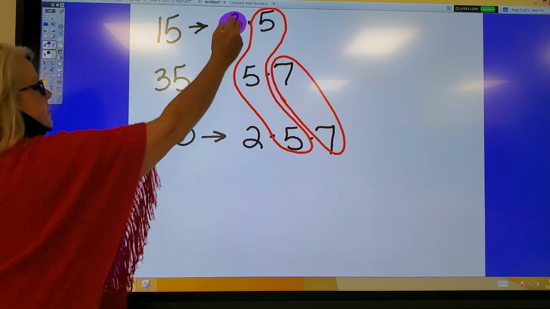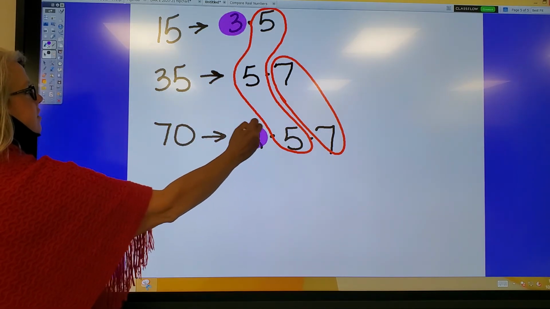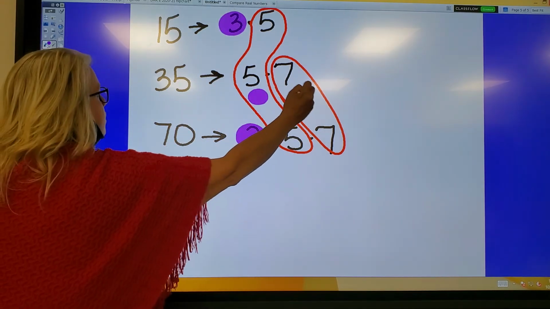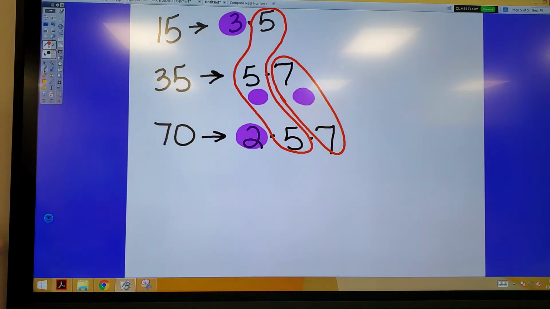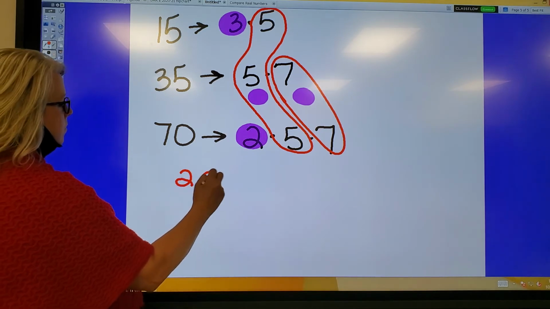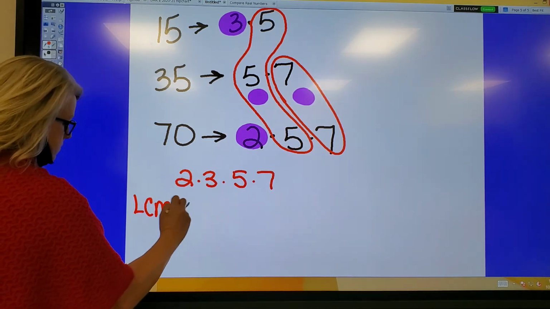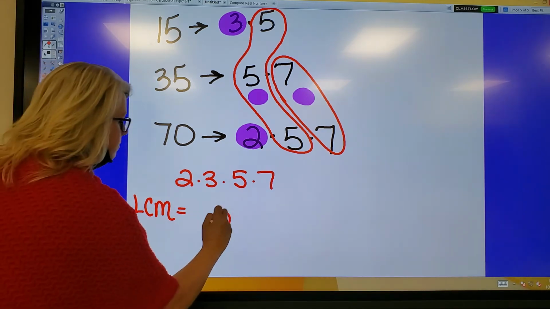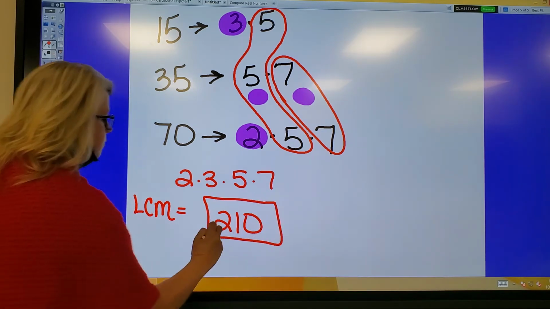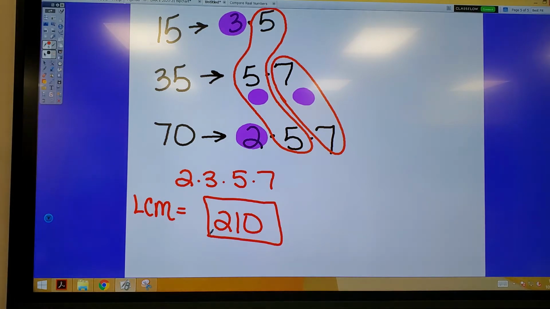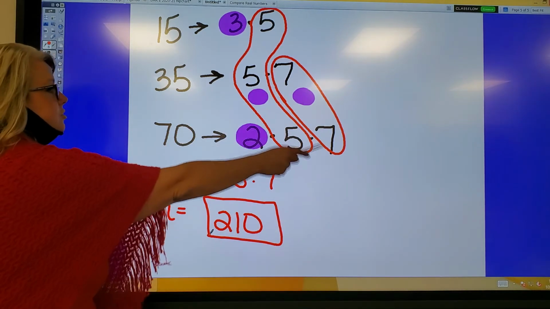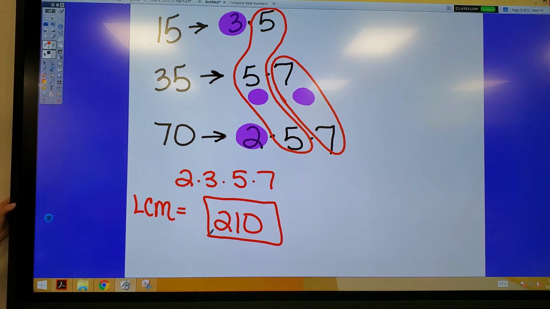So this has this 3 by itself, this one has a 2 by itself, and then we have a 5 and a 7. It is 210, yeah. So again, they don't all 3 have to have a common factor in order to circle it. If there's 2 of them that have it, you would still circle it.